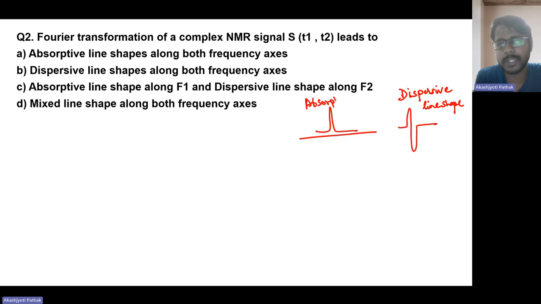The absorptive line shape is bell shaped, and here you get a spectrum above the zero axis, and there is a negative peak also here. So as you were seeing, the correct answer for this question is option D.